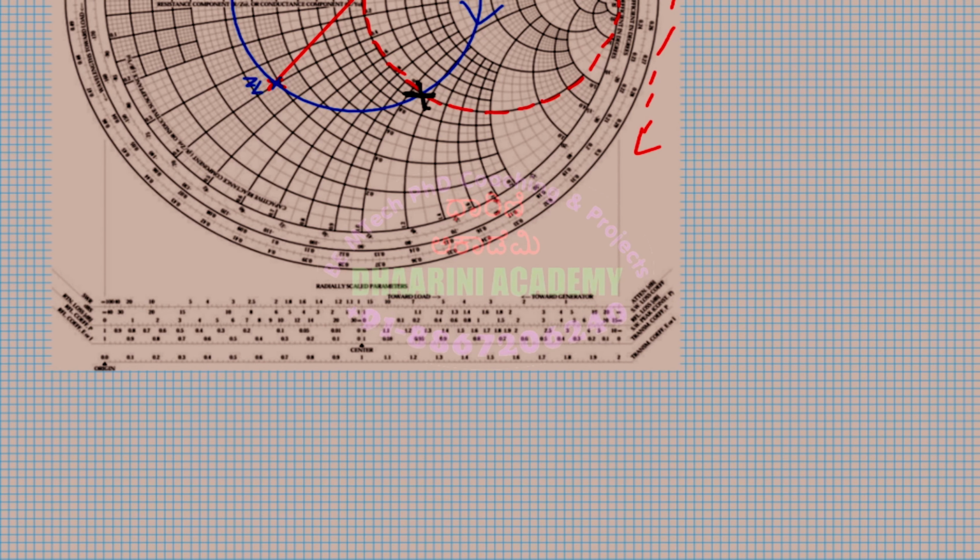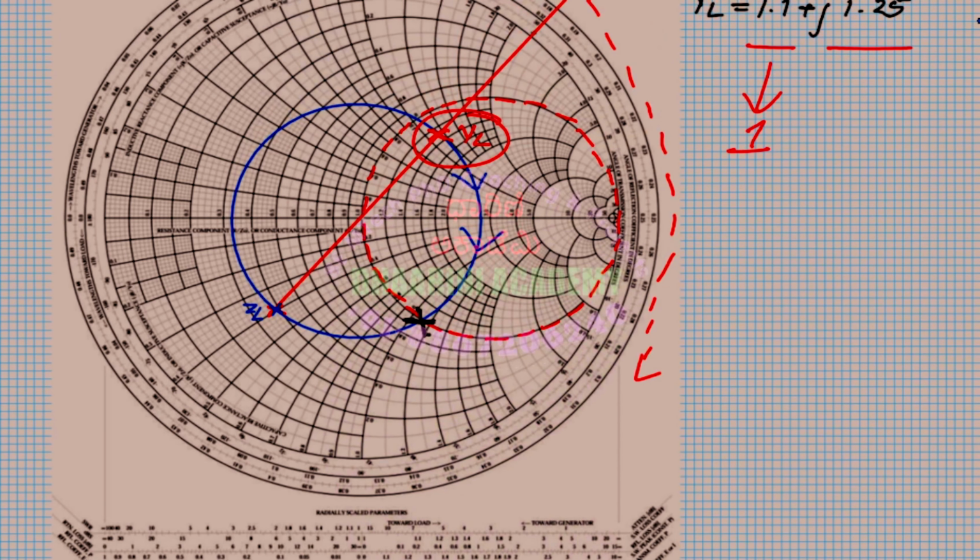You move and reach this particular point. What is the new value of y that we are going to get? I'm calling that y1. So y1 equals, let me write, you see what value it is. It's definitely 1 minus some. Because it is on the r equal to 1 circle, this has to be 1. Since it is below, it has to be minus something.